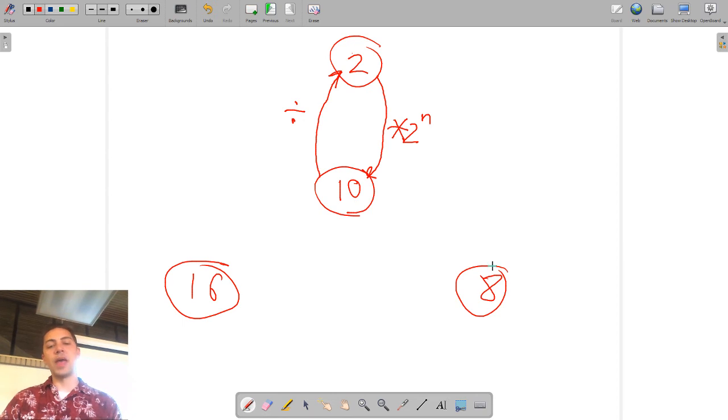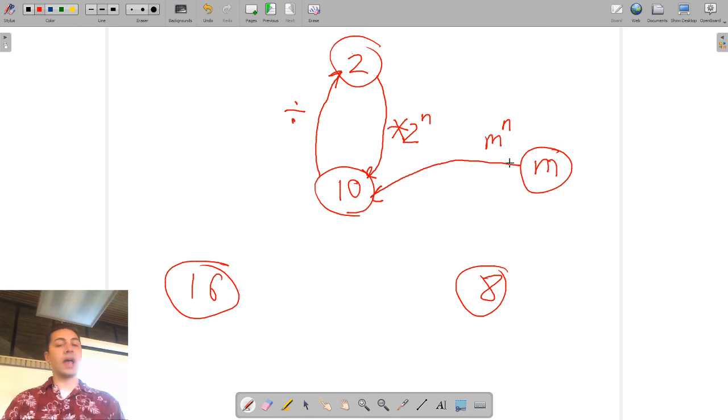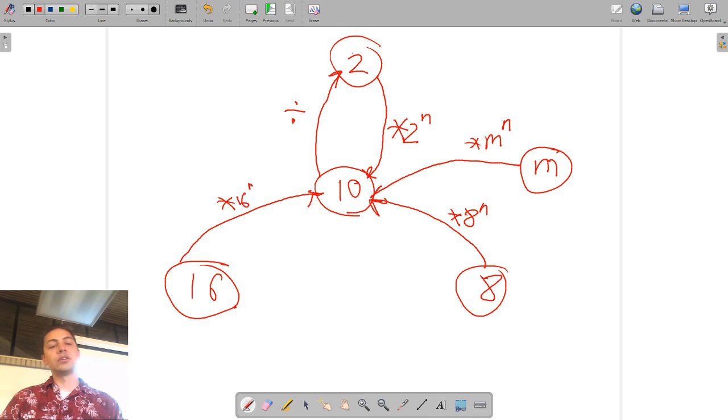In fact, we can go from any base, let's just add another base out here, m. M to the n, where n is the place value. So base 8, yep, we can get to base 10 by multiplying by 8 to the n. We can get from base 16 to base 10 by multiplying by 16 to the n, where n is the place value.